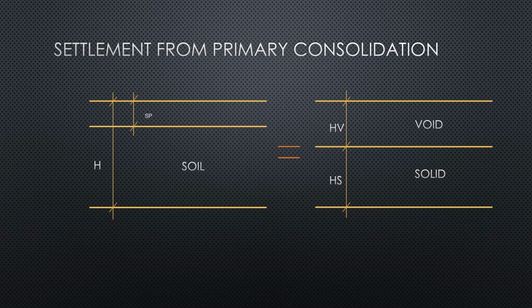As you can see in our figure, there is a settlement from primary consolidation, SP, and a total height equivalent to H. This is equivalent to the soil separated from its voids: solid soil separated by the void. The height of the void will be represented as HV, and the height of the solid as HS. So the figure at the left and the right are equal.